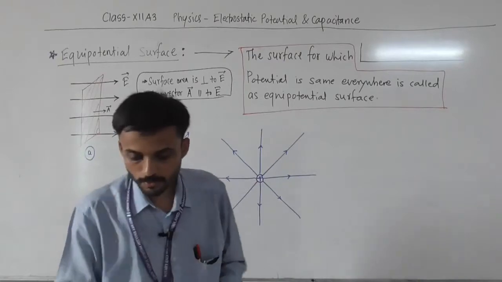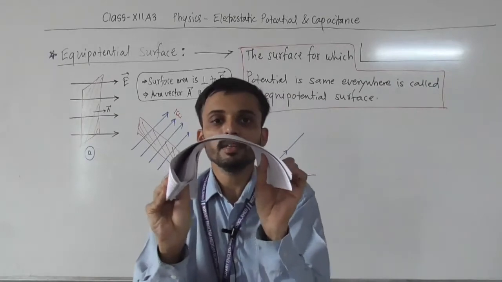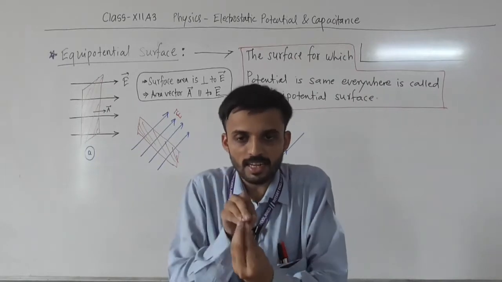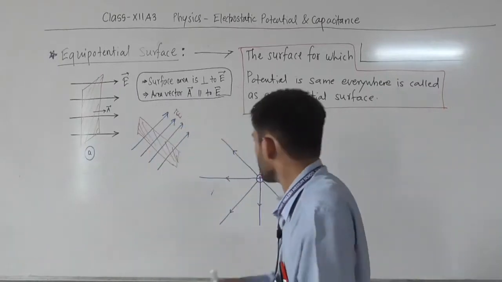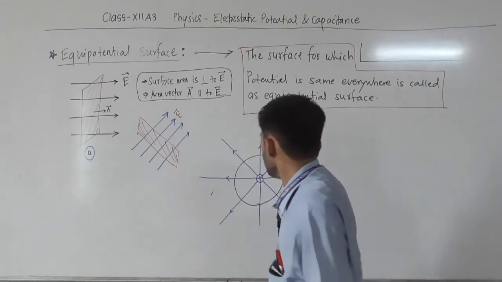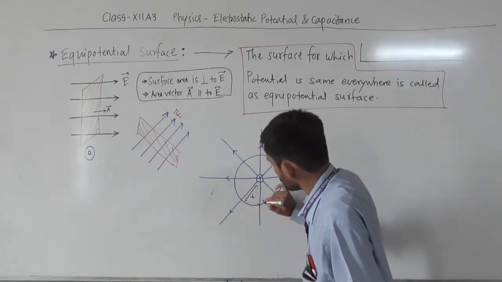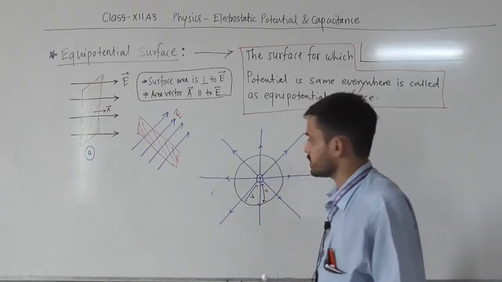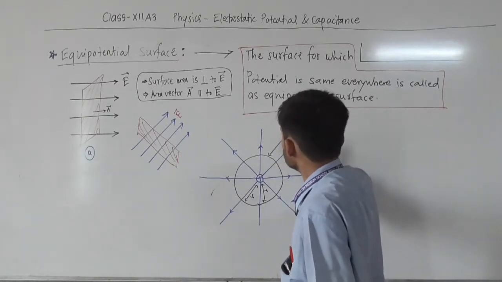So now consider this. If you take a part of a sphere, any sphere with a center, at this distance, take a part. So like that, suppose if I draw the circle here, every point is at the same distance, suppose r, from this, correct? Every point is at the same distance r. So here also this surface will be an equipotential surface.